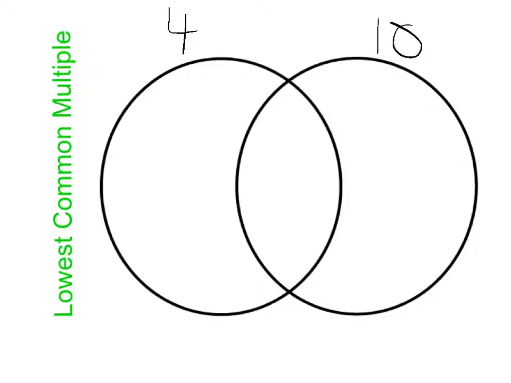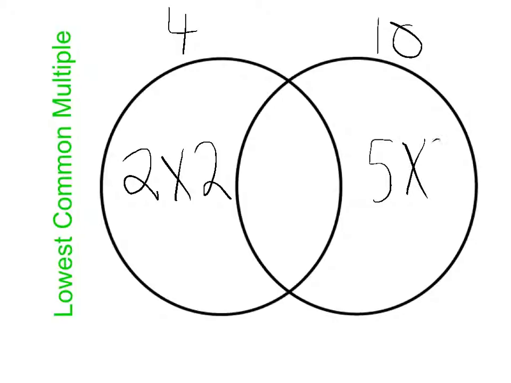Now, from our previous discussion about prime factorization, I know my prime factors of 4 are 2 times 2. I also know my prime factors over here are 5 times 2. So what I'm going to do now is look at each set of factors and ask myself, are there any numbers that they have in common? And the answer is yes.